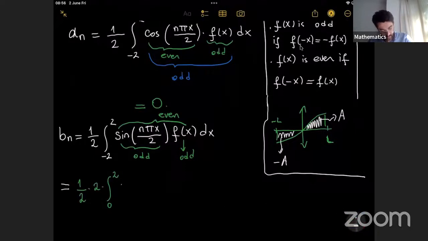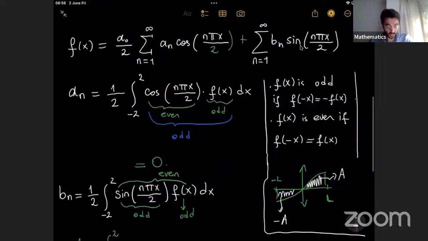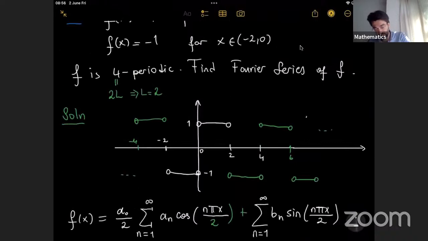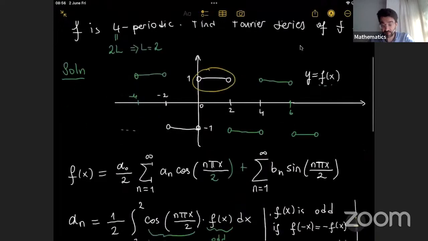One more thing here: from 0 to 2, what is f of x? From 0 to 2, it is equal to 1, okay? So we will replace f of x by 1 here.